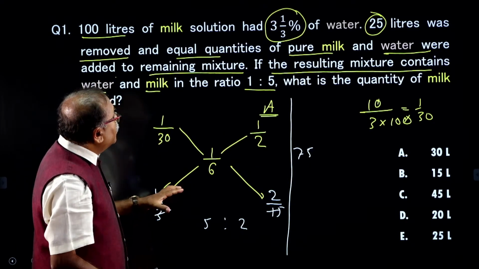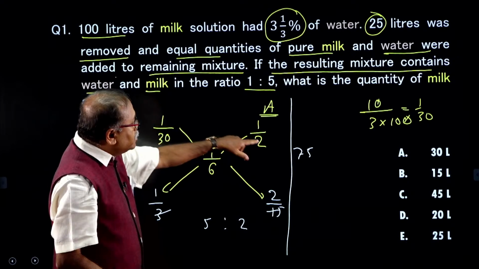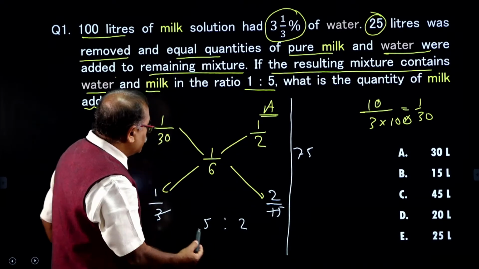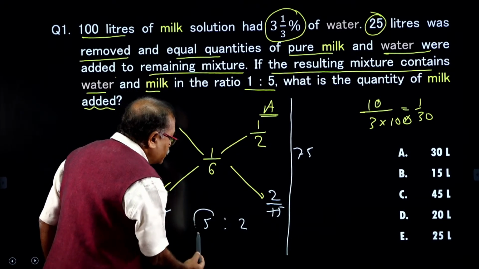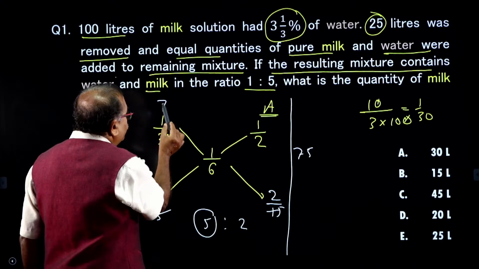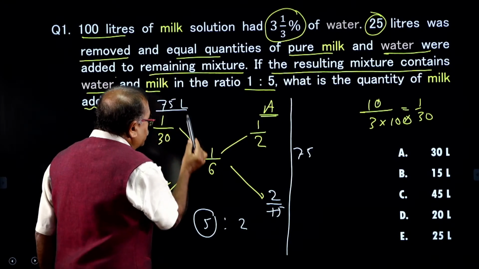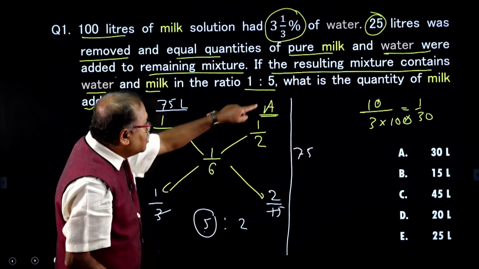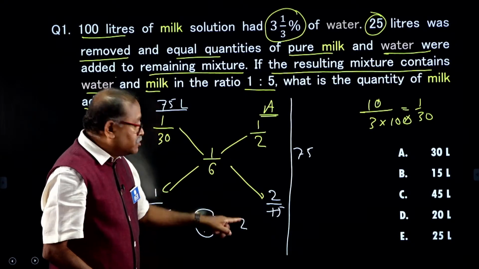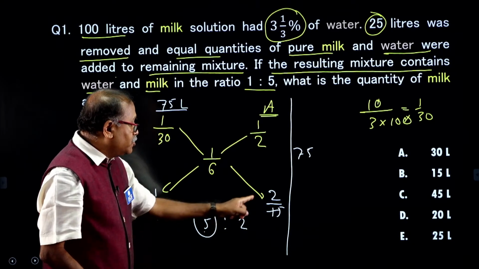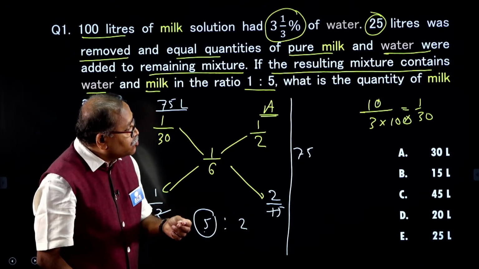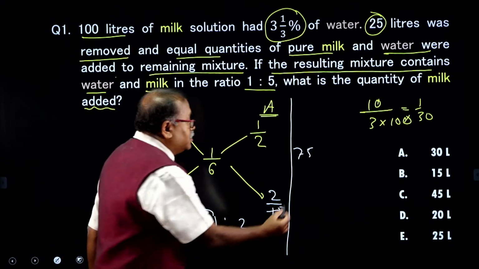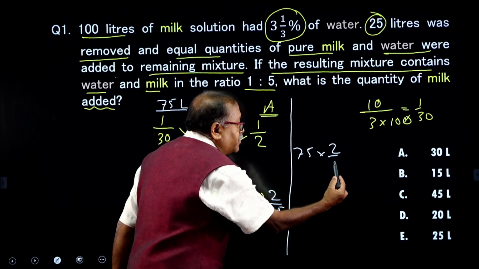Now, if this is 5 parts, this is 75 liters, which is 5 parts. So, how much is added? 2 parts are added. I already know 5 parts, then you can find out the 2 parts. Yes. So, that is into 2 by 5.